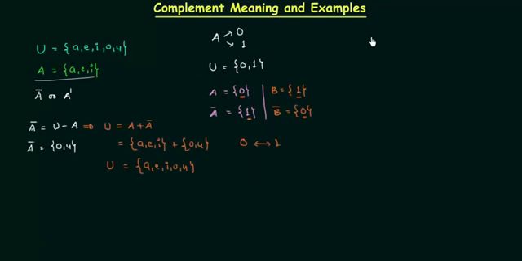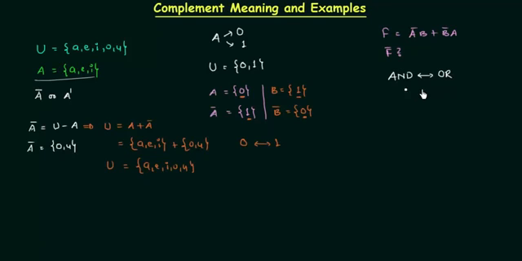Now we will try to find out the complement of functions. The function is f and it is equal to A complement B or B complement A. This is the function and we want to find out f complement. We have already studied De Morgan's law and we are going to use De Morgan's law to find f complement. In De Morgan's law we have to exchange AND with OR and OR with AND.